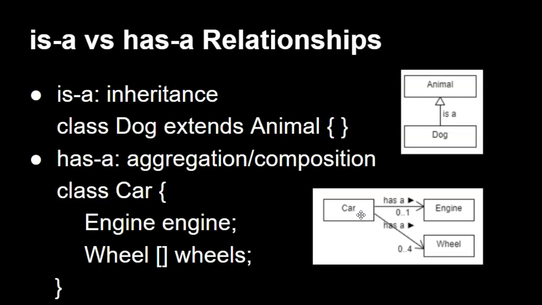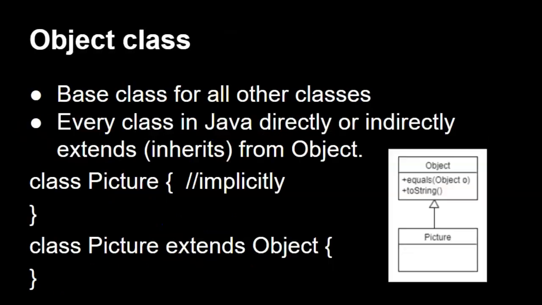And so basically one instance of a car is composed of instances of other objects. And so that's kind of the has-a or aggregation relationship. Okay, so briefly on those.